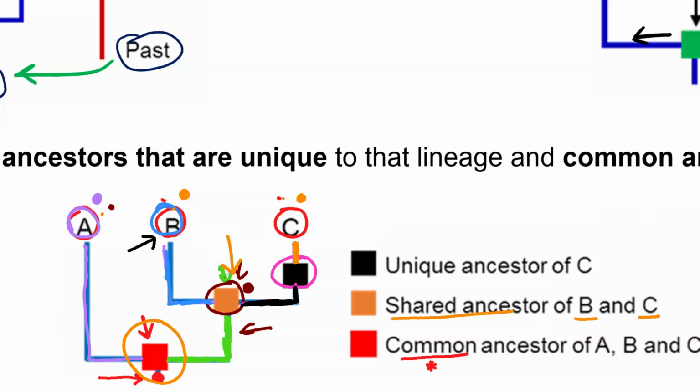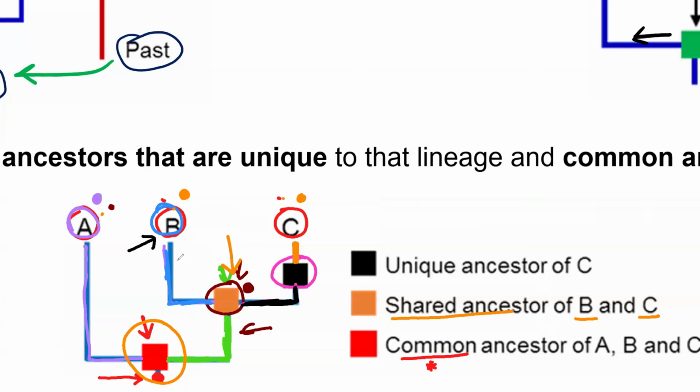They share this ancestor. It's like we are saying, your grandparents, let's just say your gogo and her brother, they are all coming from your great-grandparents. So they are all sharing your great-grandparents. For example, you and your siblings are sharing your parents. So your parents are more like your shared ancestors.